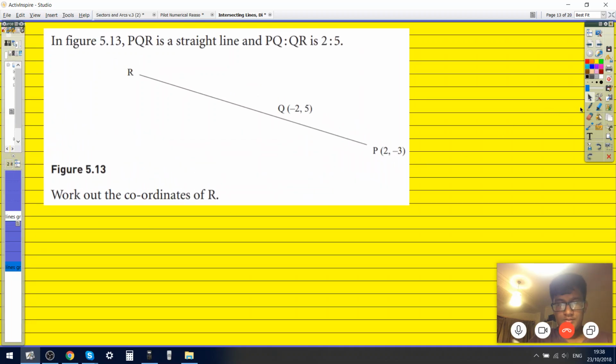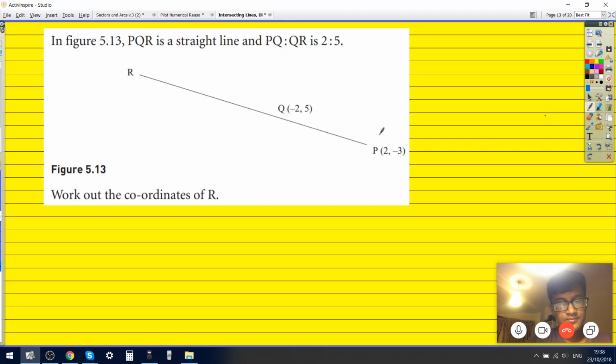Let's see. This time you're given a point. How would you do this? In figure 5.13, PQR is a straight line. I'll just write the question down. So PQR is a straight line.